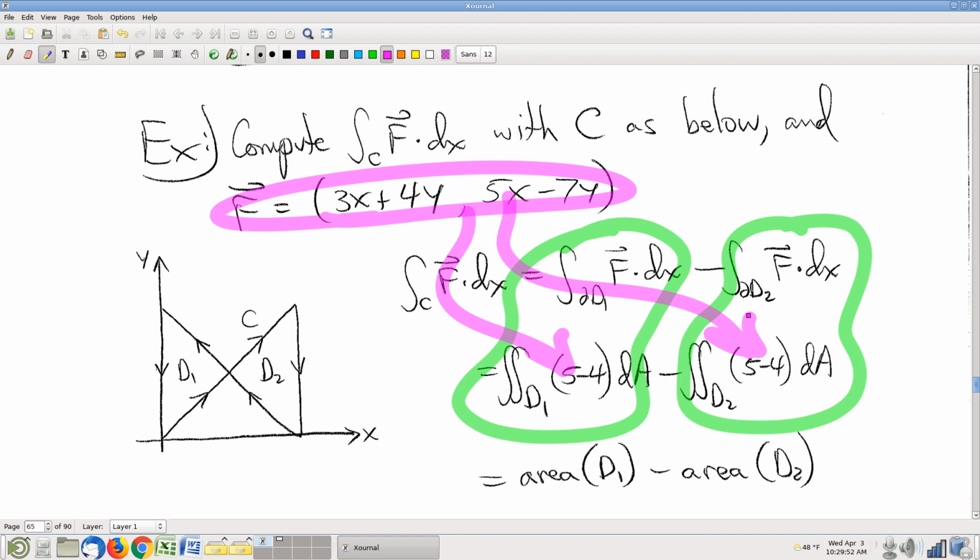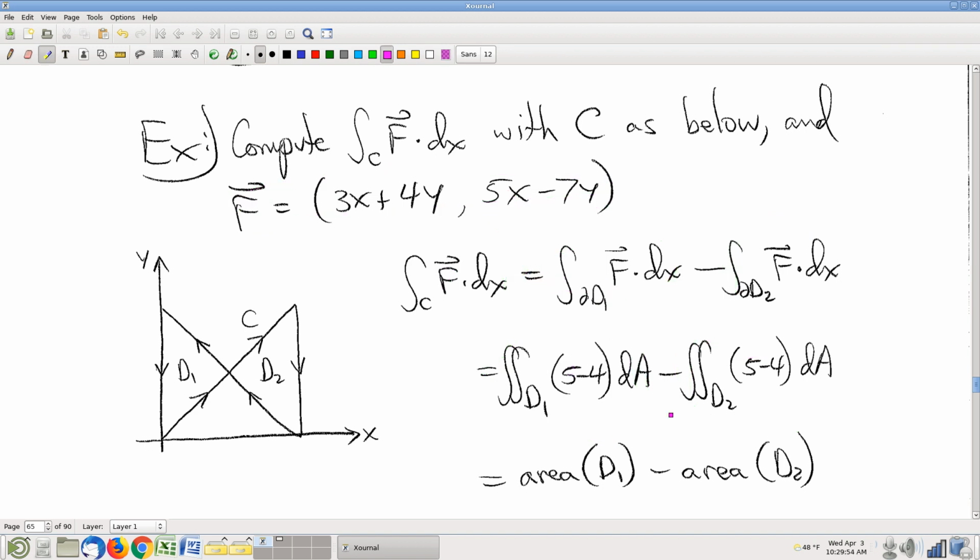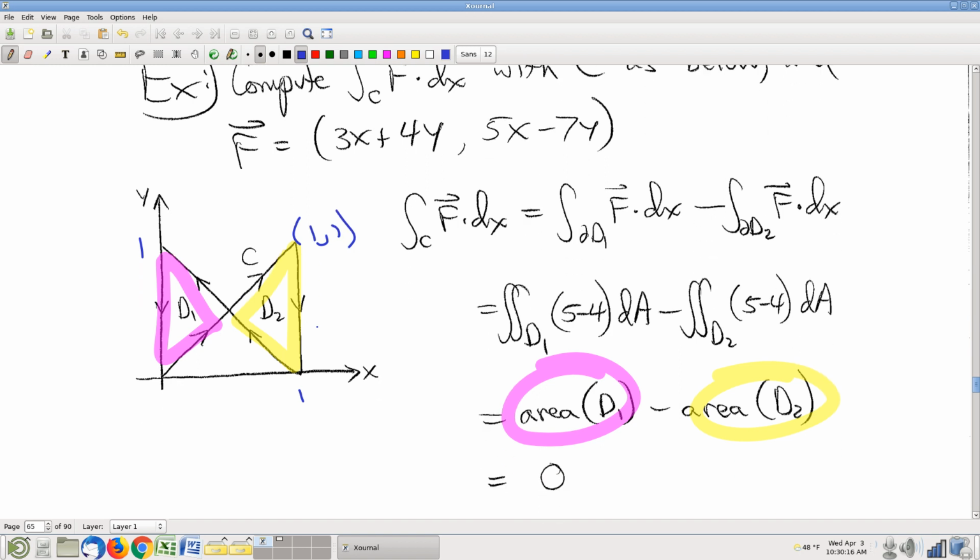Integrand is 1. And so what I get is this area minus this area. Clearly, those areas are the same. Oh, I'm sorry. Details. I should have labeled at the beginning that these edges are 1 and this is 1, 1. So these are identical triangles, and the areas are the same, and the difference is 0. And easy calculation.